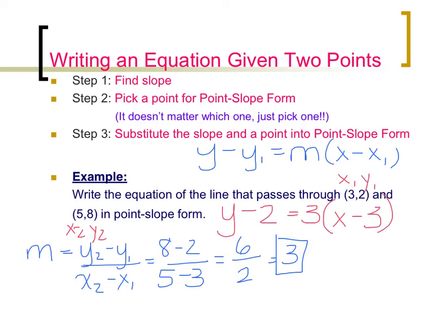You can also use this ordered pair with my slope. And I'll show you that. You don't need to do both of them, but I'll show you what it would look like. My second equation would be y minus 8 equals my slope of 3 times x minus 5. Either of these would work, this one or this one.